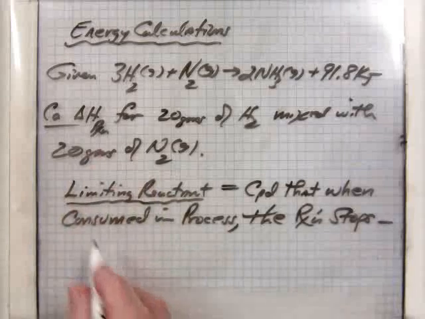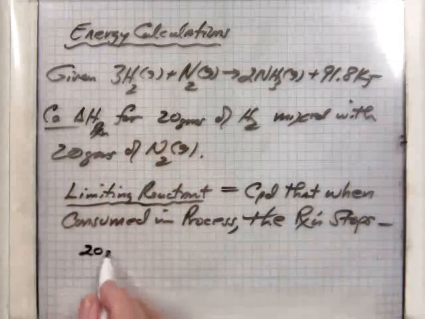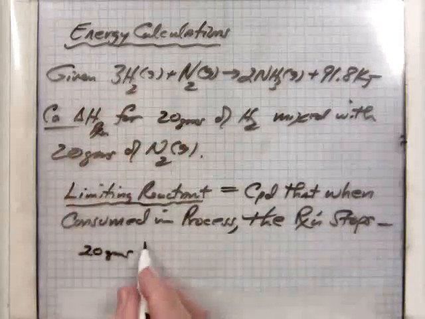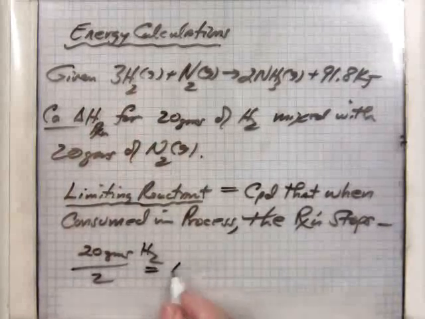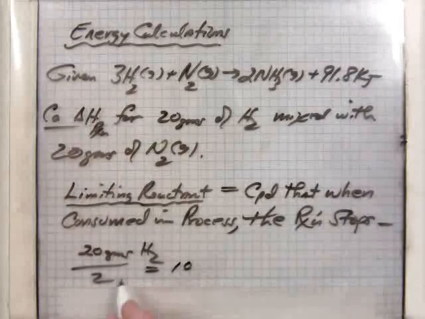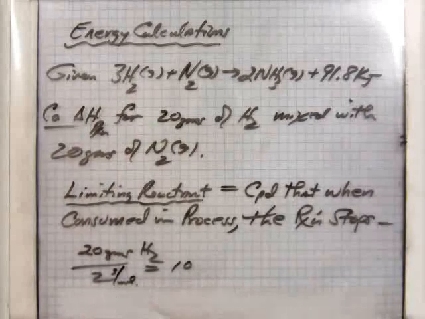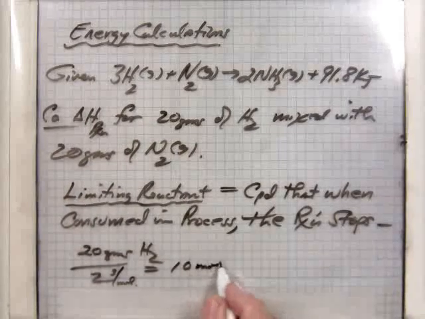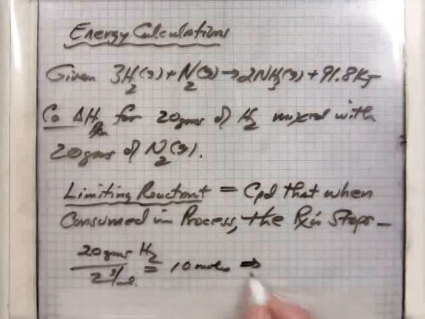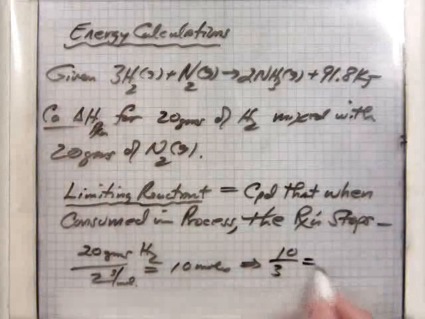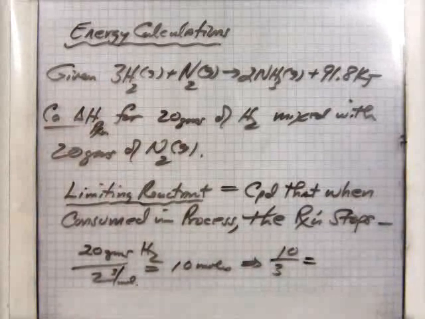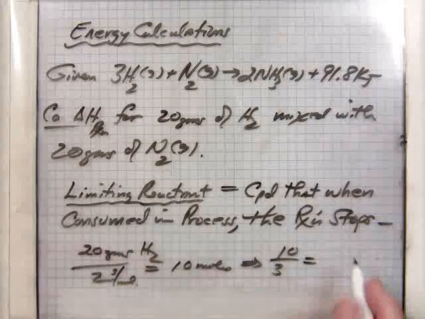Okay, so if we have 20 grams of molecular hydrogen, then I need to divide by 2 grams per mole, and that gives me 10 moles. And if I divide by the respective coefficient, that's 10 over 3, I get 3.333.